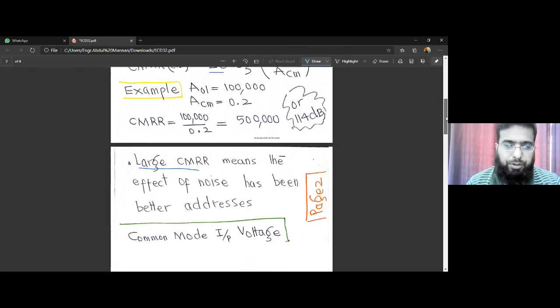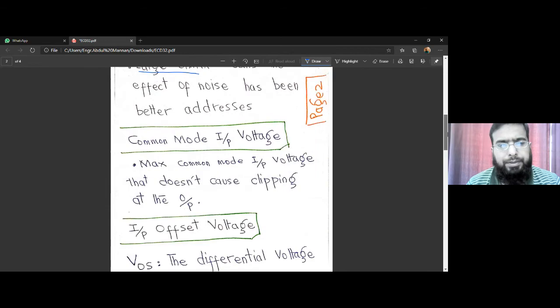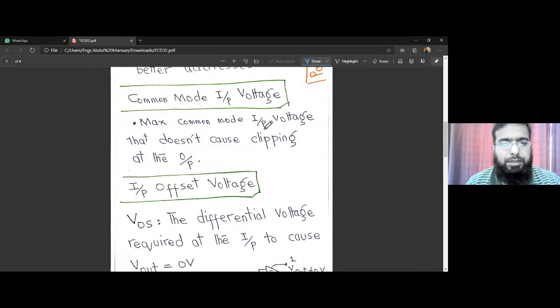The other term that we will study today is common mode input voltage. It is the maximum common mode input voltage that we can apply on the two inputs so that there is no clipping at the output. This value is generally smaller than the positive and negative VDC supply voltages that we apply, plus V and minus V. So this voltage is smaller than the value given in the data sheet.